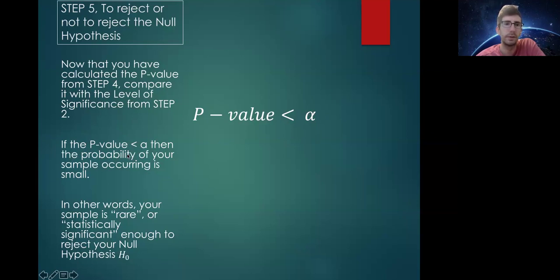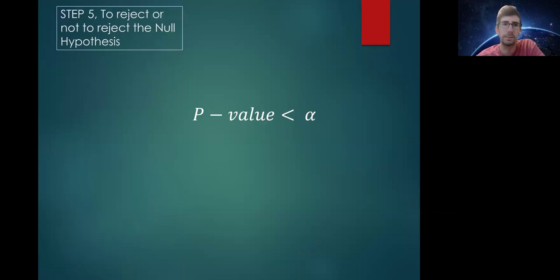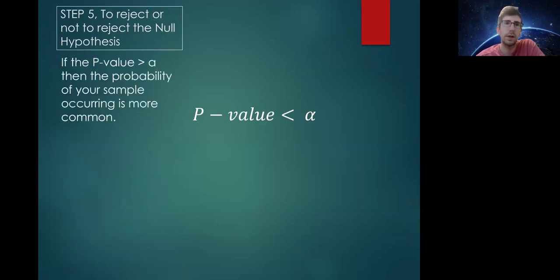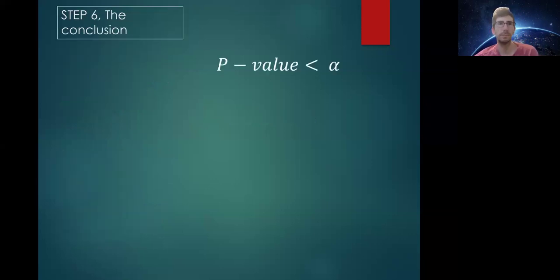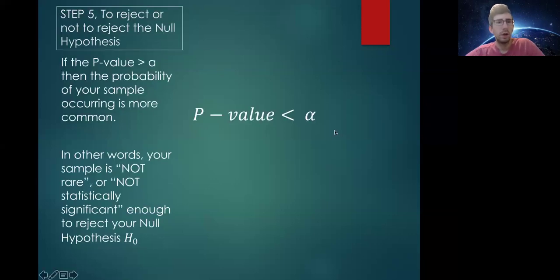And if that is the case, then the probability of our sample occurring is small, or in other words, your sample is rare or statistically significant enough to reject your null hypothesis. If the p-value is greater than alpha, then the probability of your sample occurring is more common. In other words, your sample is not rare or not statistically significant enough to reject our null hypothesis.